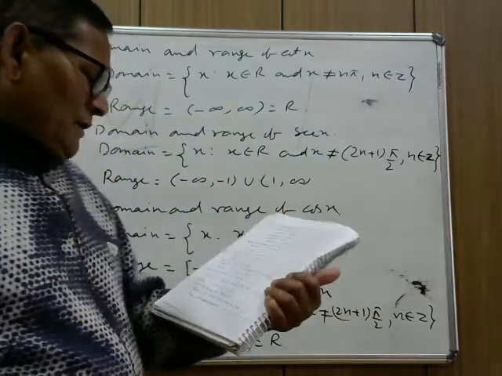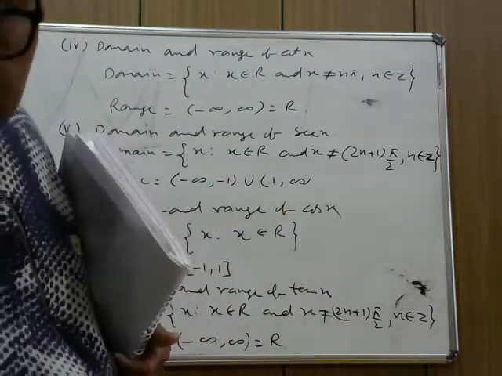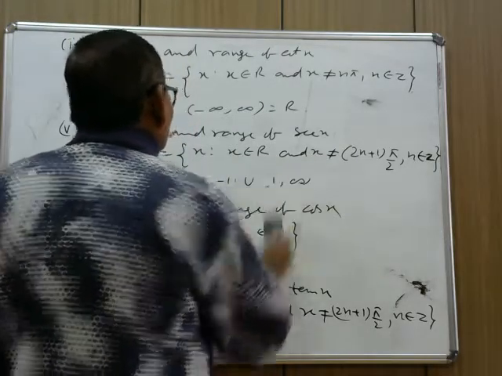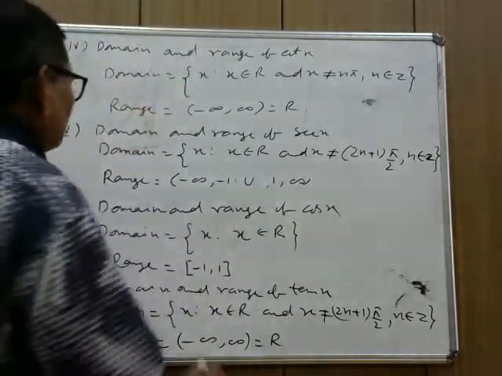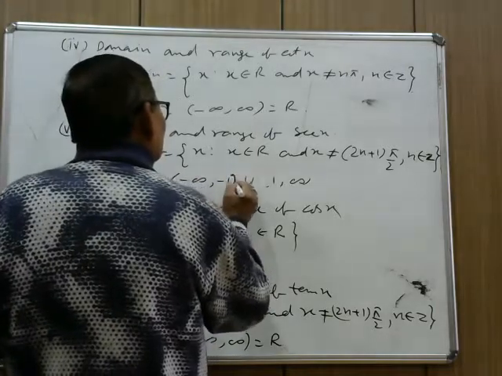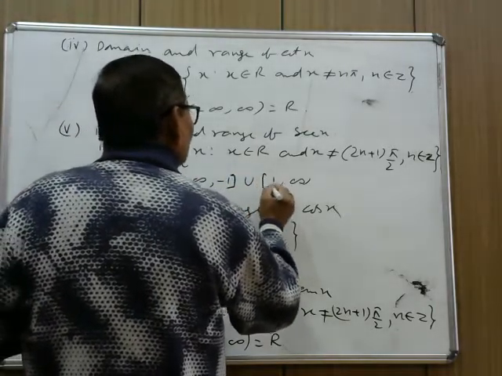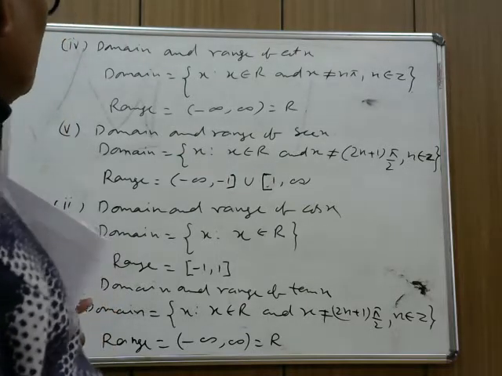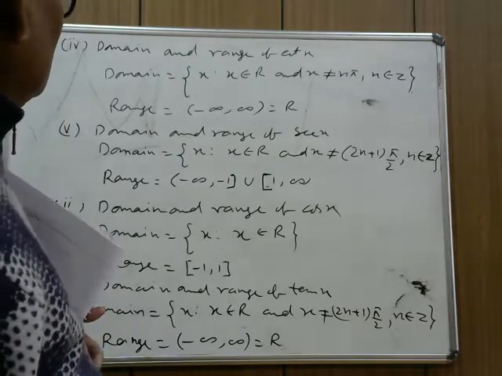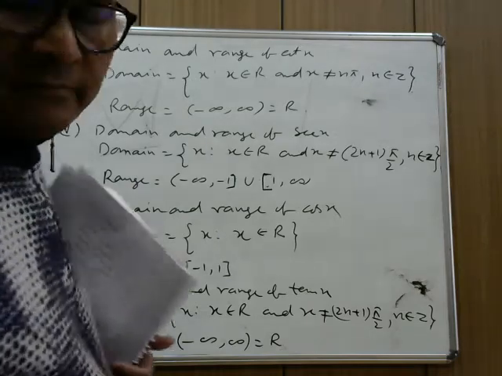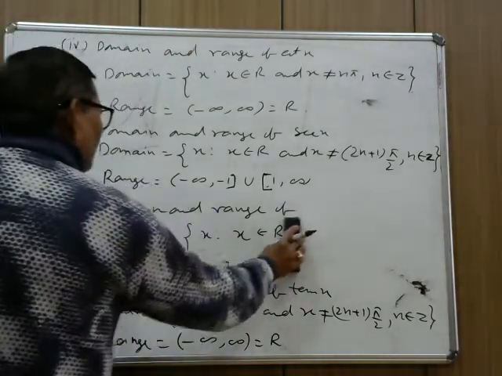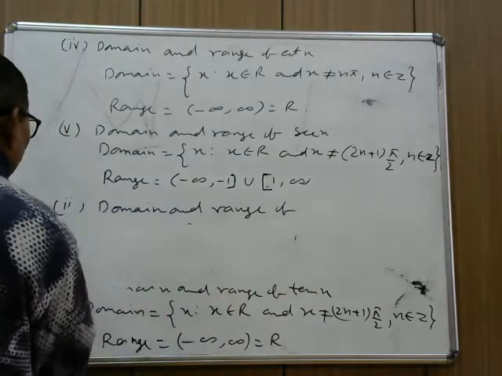Minus 1 and 1 are included. Cos pi is minus 1. Cos 2 pi is 1.